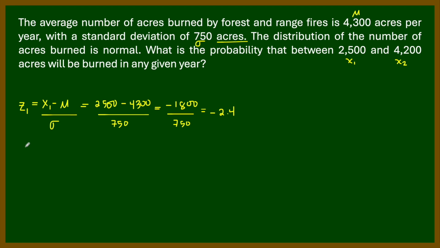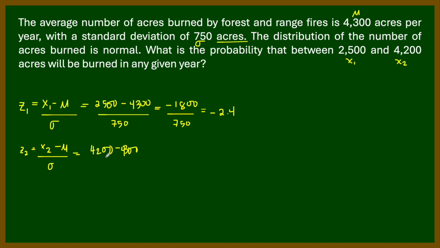How about the second z, which is z sub 2? Here we have x sub 2 minus mu over sigma. And x sub 2 is 4,200 minus the same number, which is 4,300.